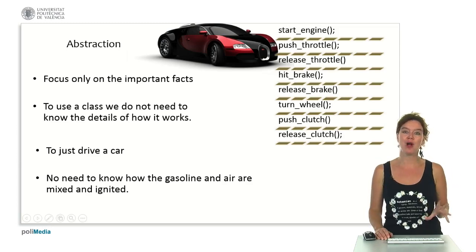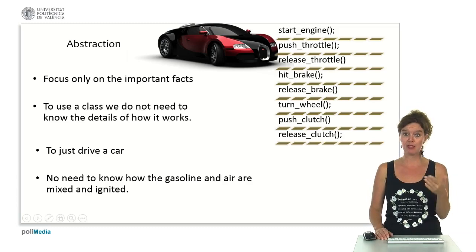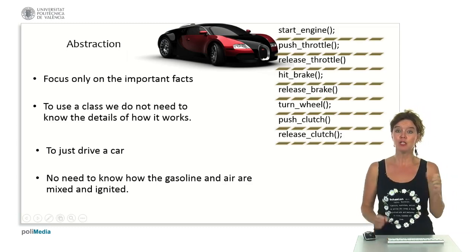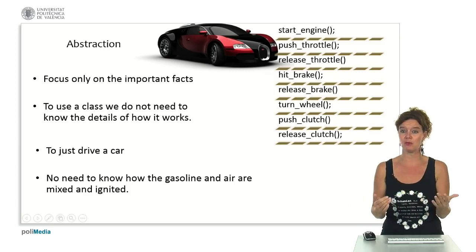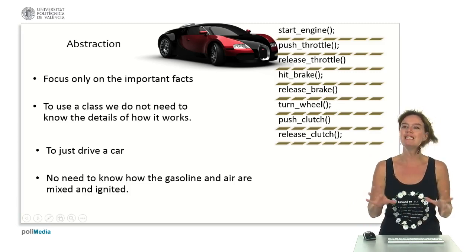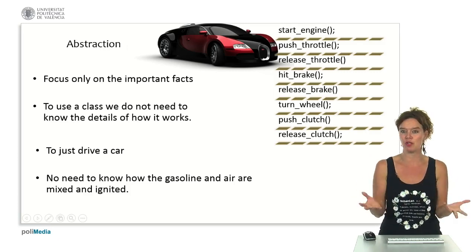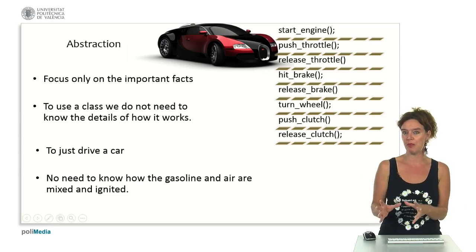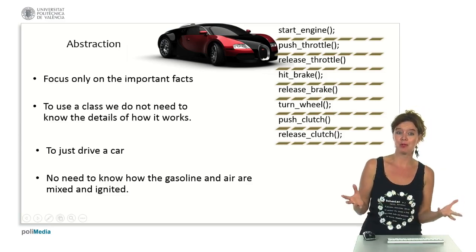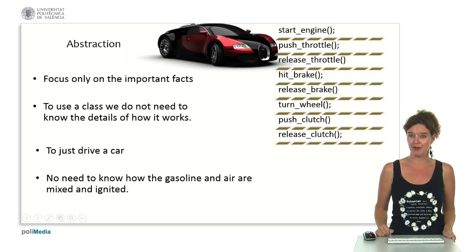I just want to know how to start the engine, push the throttle, release it, hit the brake, release the brake, turn the wheel, push the clutch and release the clutch. I don't need to know anything else to drive my car. I don't need to know how the gasoline and the air are mixed and ignited in order to start it up. I just want to drive my car. And if something happens with the mixture of the gasoline in the air and the car doesn't work, I'll just take it to the garage.